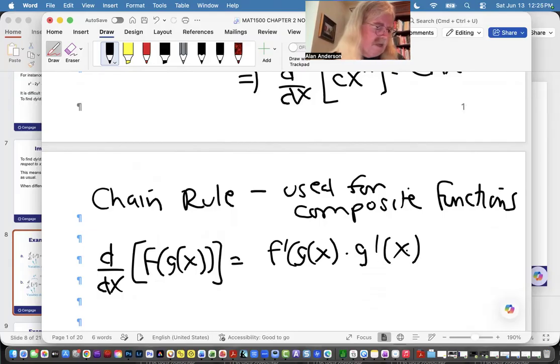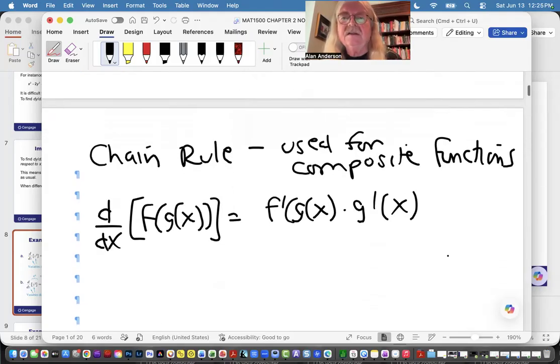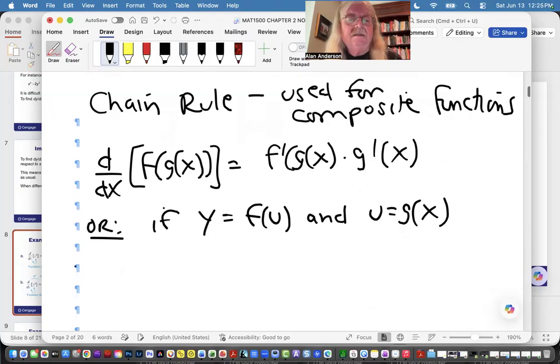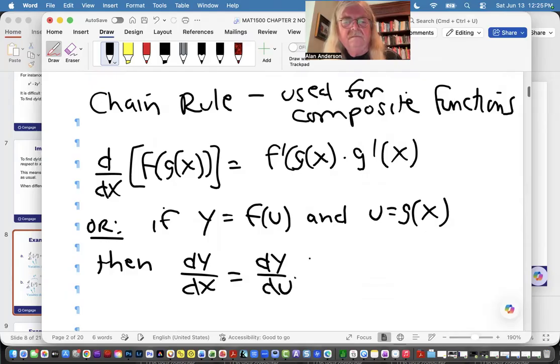Or if you're using different notation, then this is just different notation.